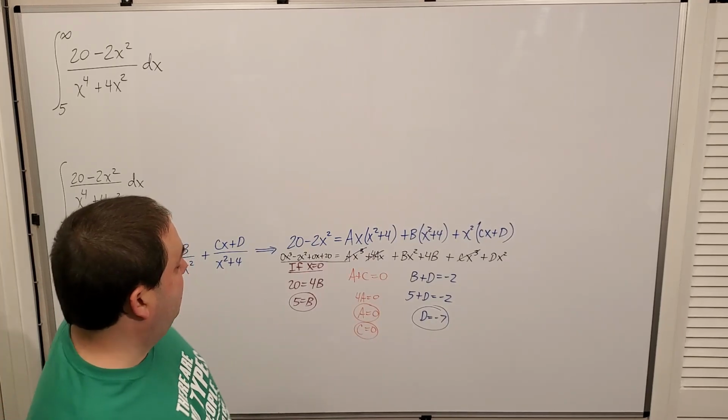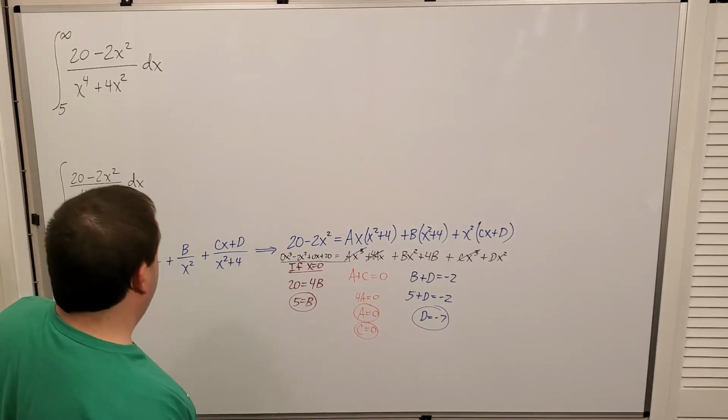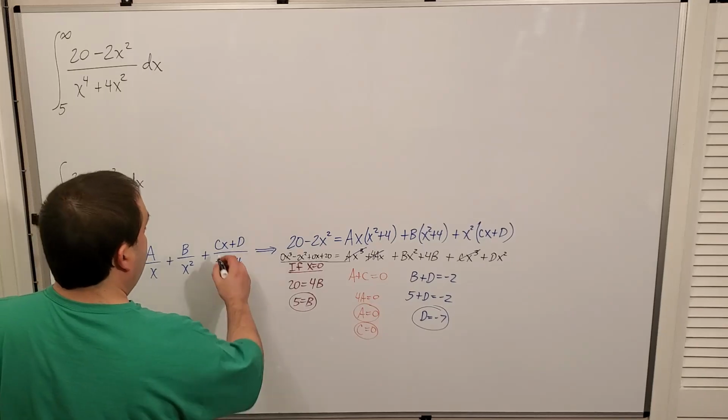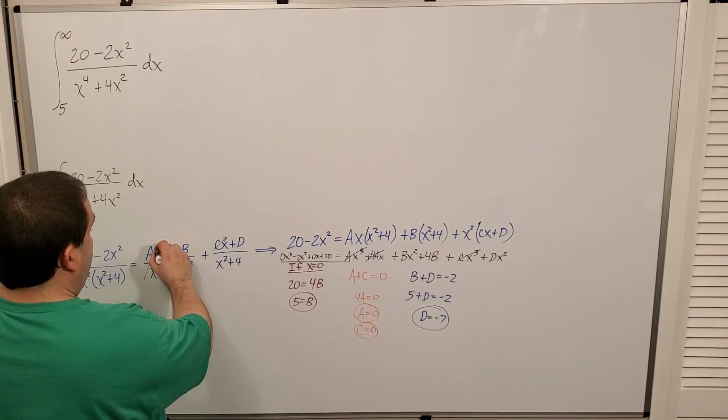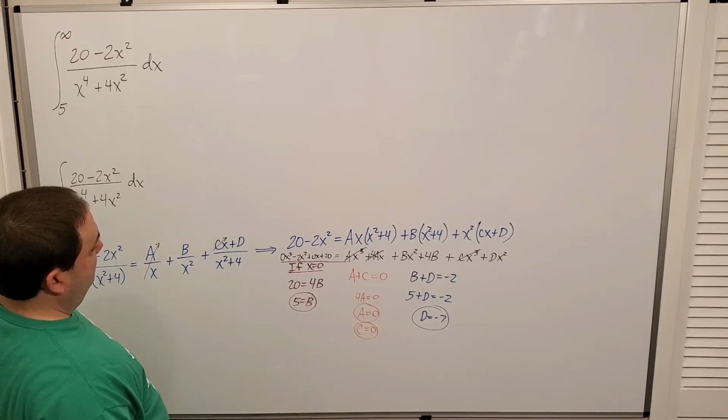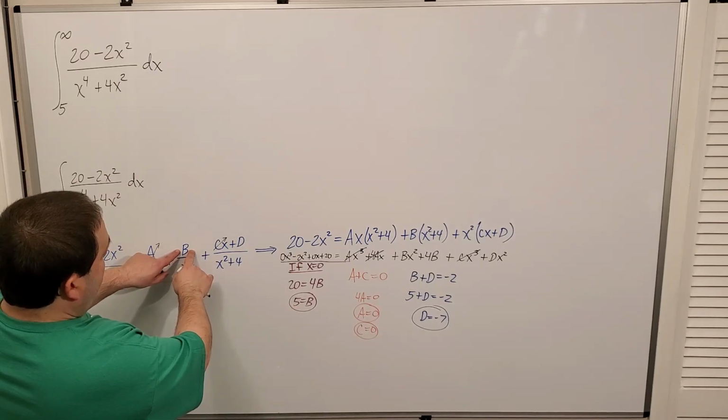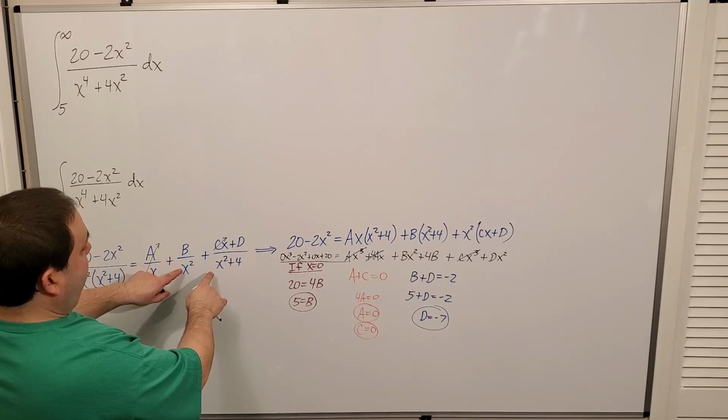Okay, so let's see what this is really telling me. C is 0, so this piece is gone. A is 0, so this whole fraction's gone. B is 5, and D is -7.